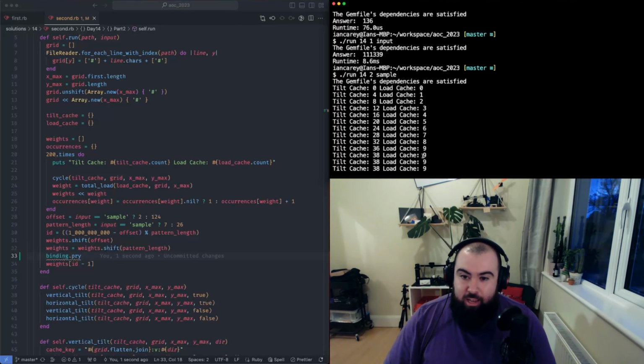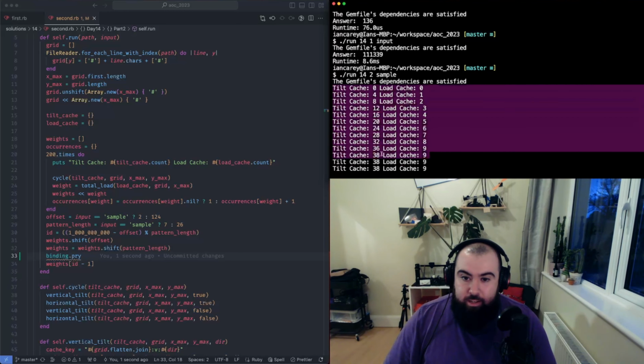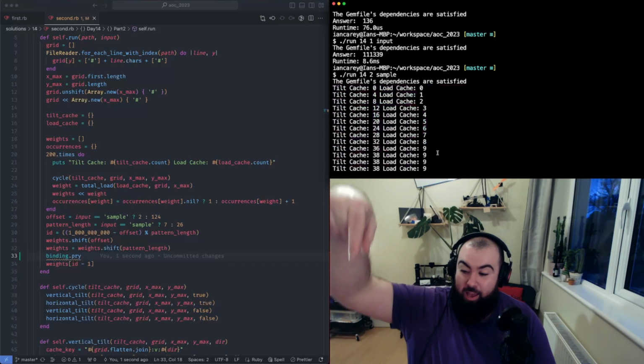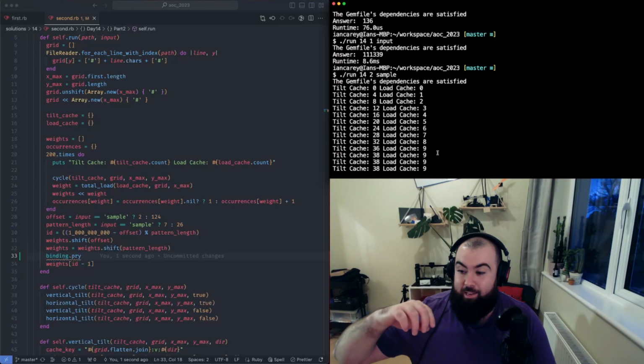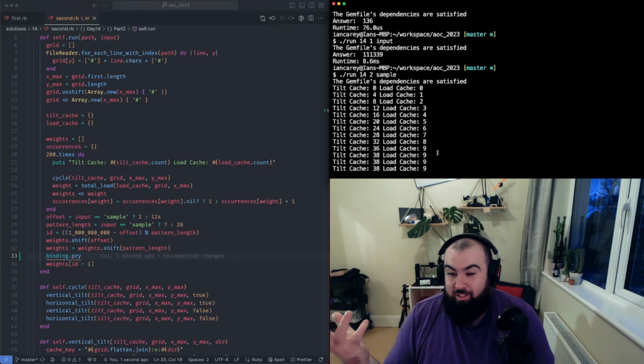In this case, it's down here around where we stop seeing anything new happening. This is quite a small number of iterations. Basically this tells us everything beyond this has been seen already, so we don't need to go any further.